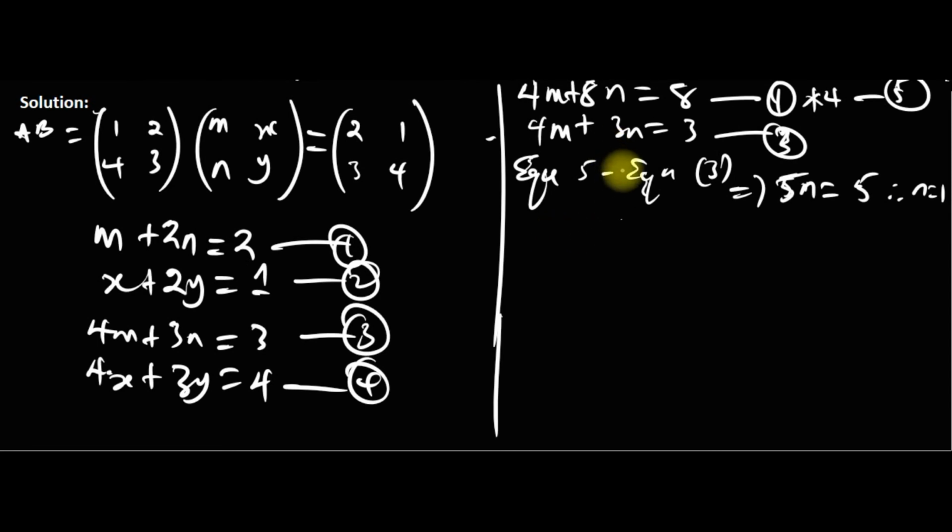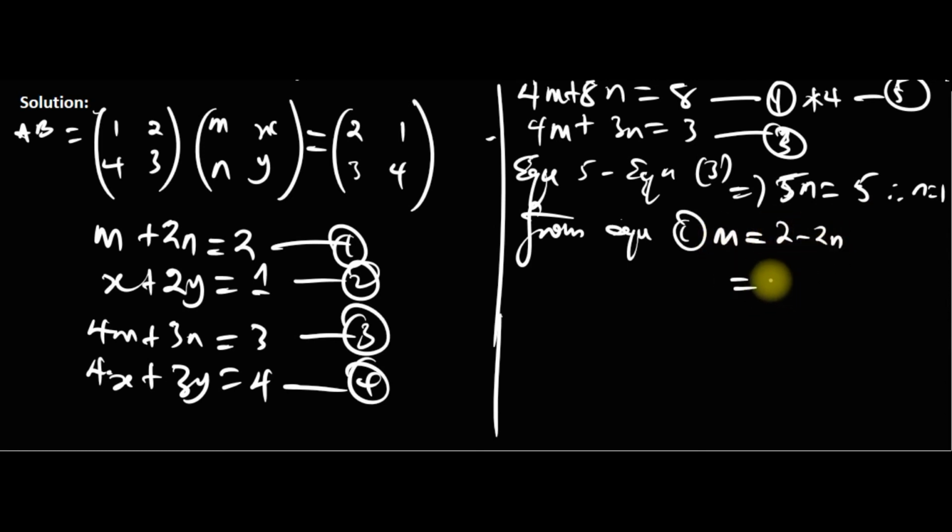Now find m choosing any of the equations. Let's use equation 1 because it is simpler. Because we've gotten n, next thing is to find m. So m is 2 minus 2n, which is 2 minus 2 times 1. 2 minus 2 is 0, so m is 0.